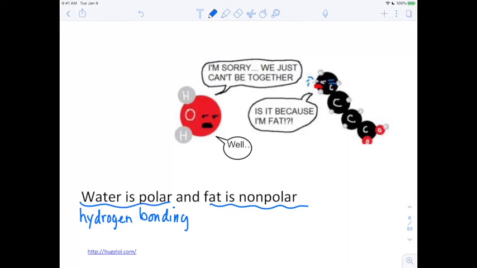Yes, London dispersion forces. So those London dispersion forces, those were our temporary dipoles. So the idea is water is extremely attracted to other water molecules.